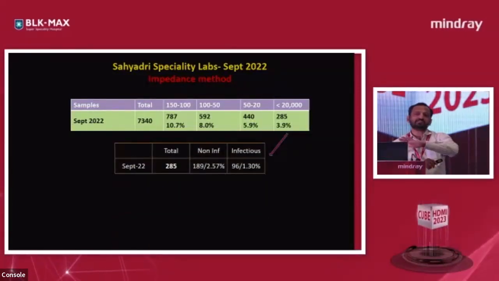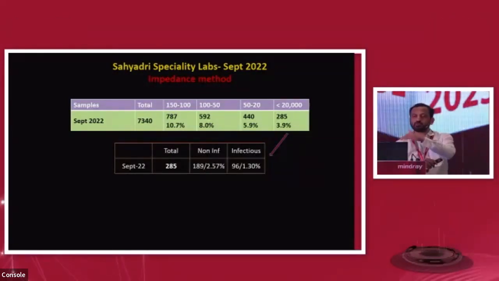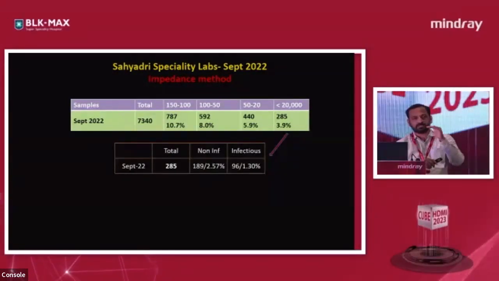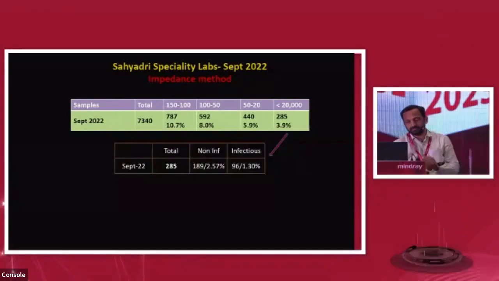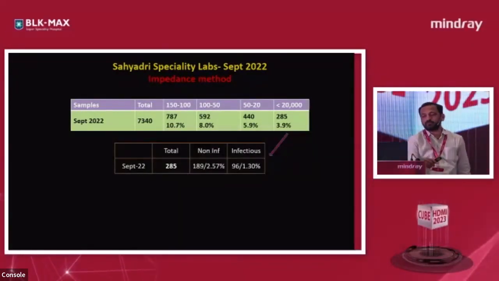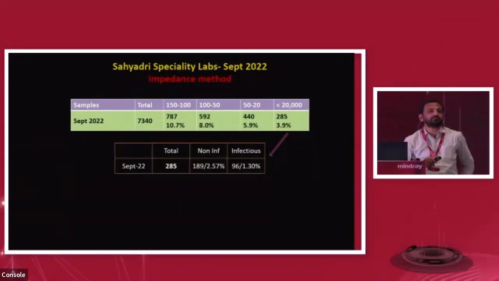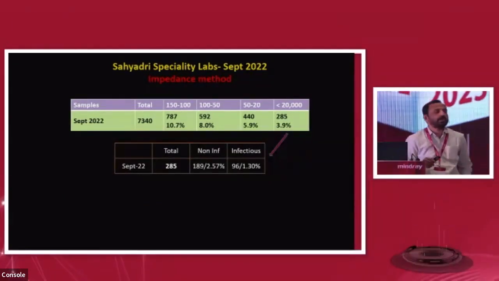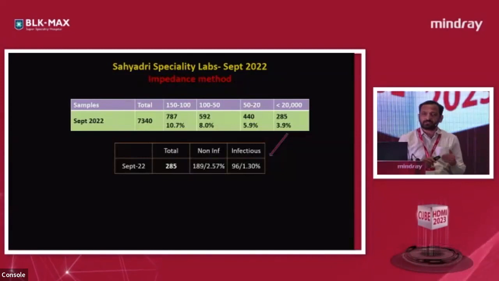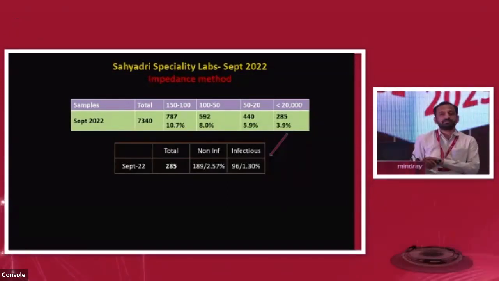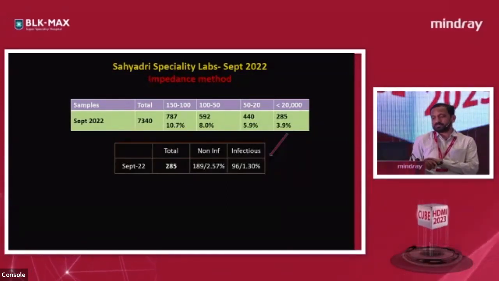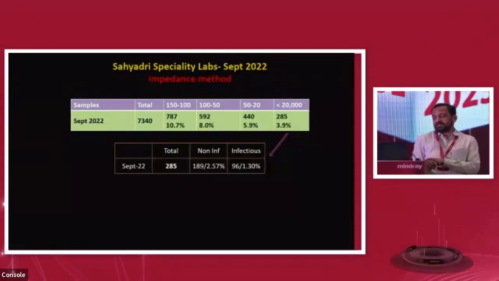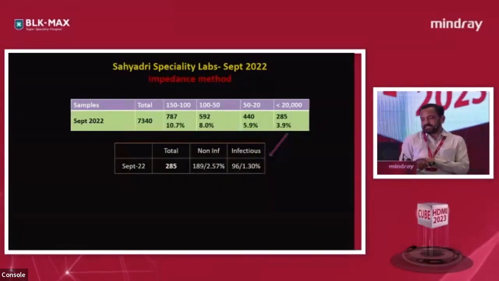Of course, all these smears were reviewed, but I will just go through the smear review of this category of less than 20,000. Out of those, almost 190 cases were non-infectious, since we have an active unit of hematology going on, plus the oncology. The majority of patients belong to the non-infectious category, and the infectious patients were 96.